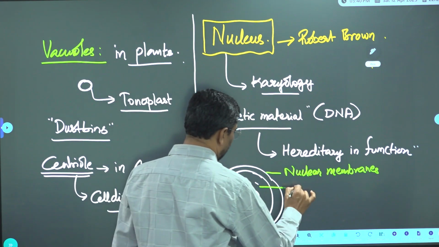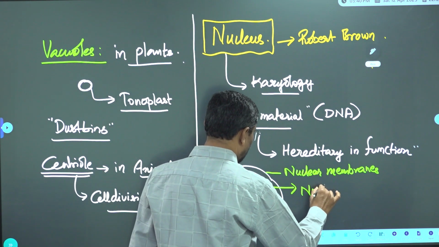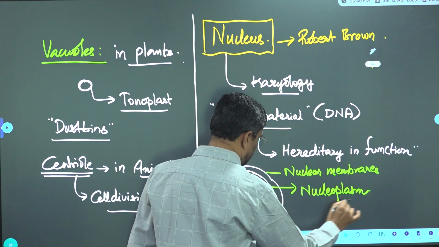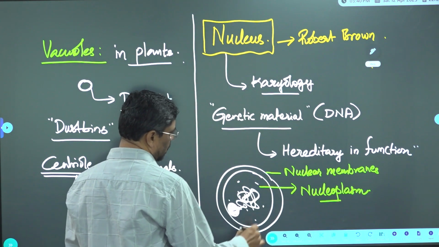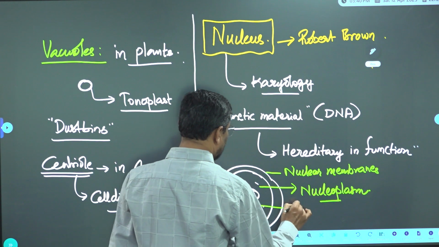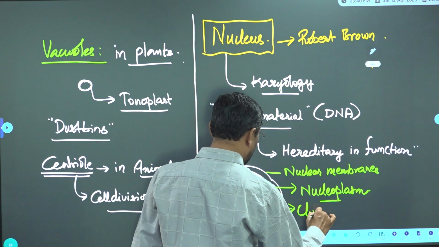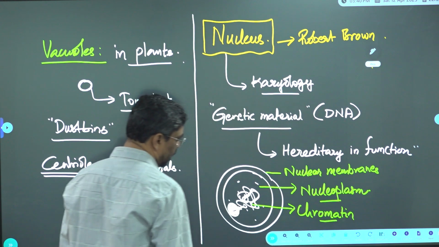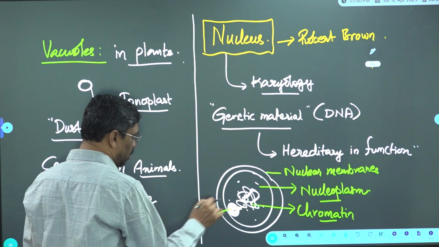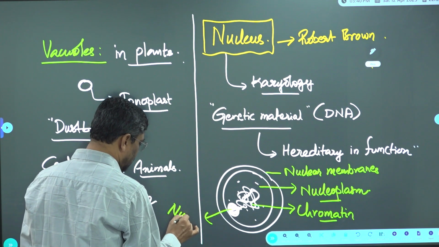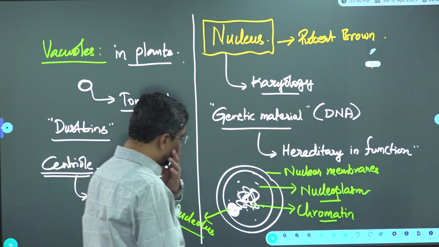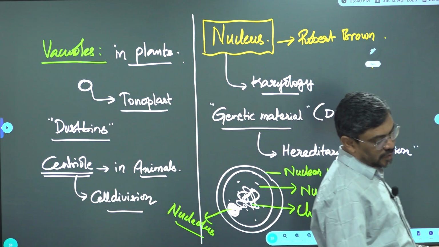The fluid matrix is called nucleoplasm. The irregularly scattered thread-like structure is called chromatin. And this solid mass is called the nucleolus. You remember this one. This is the structure of a nucleus.